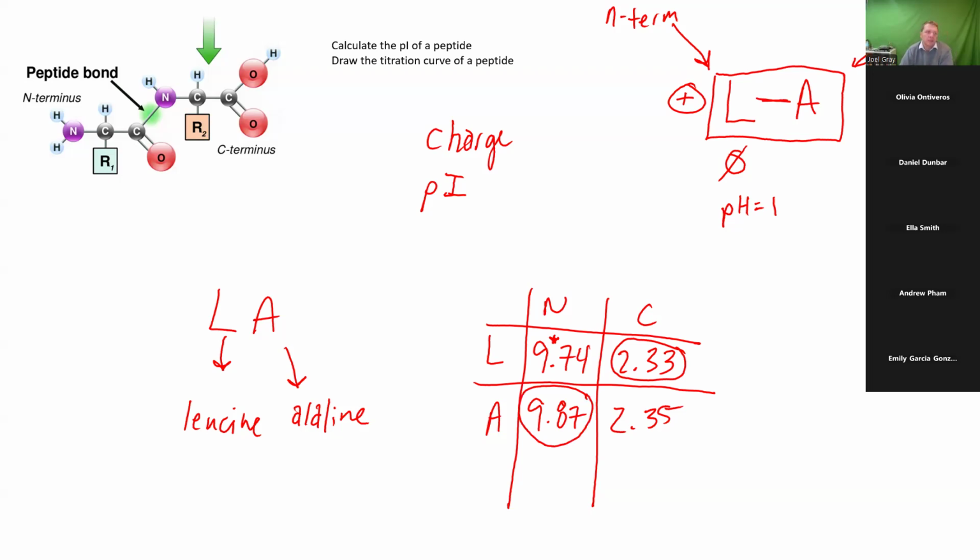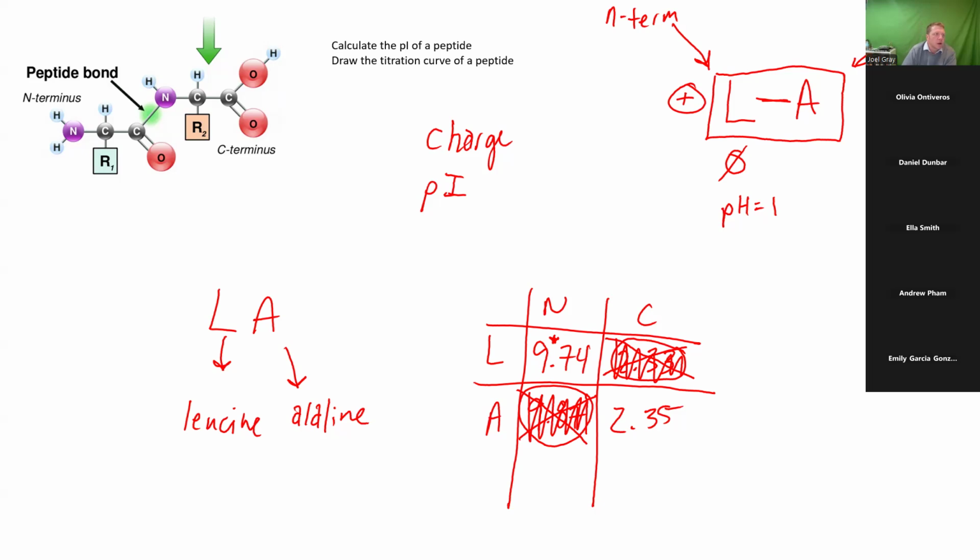Because it's within a peptide bond, and a hydrolysis reaction has taken place, that group is not ionizable. Neither of those groups are ionizable, so I'm going to omit those altogether. So I don't have a charge resulting from the N termini of alanine or the C termini of leucine.